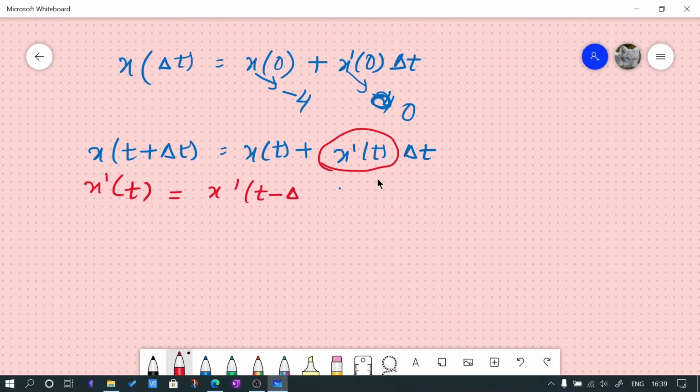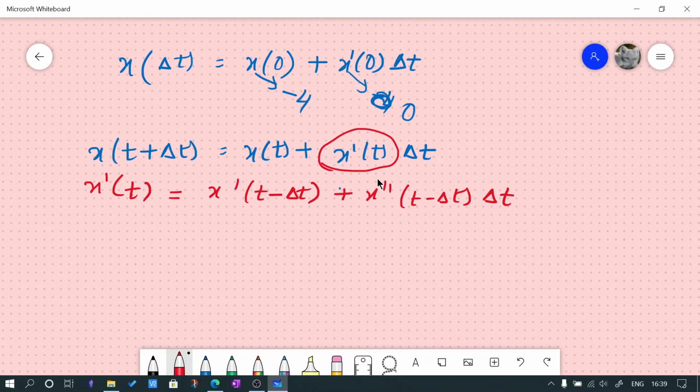So x at t minus delta t plus x double dash at t minus delta t times delta t. So to know the value of the velocity at a time t, the program will need the value of x dash at t minus delta t, which again is part of the previous iteration.